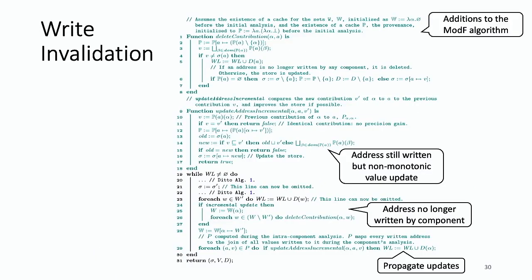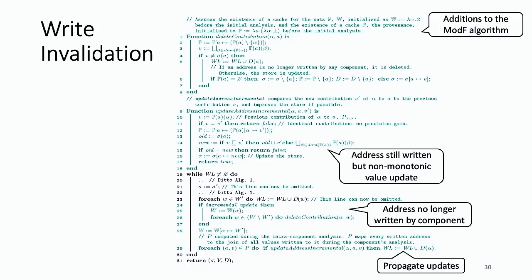Now, we distinguish two cases for write invalidation. When a component no longer writes to an address, we can use all provenance, join it together, and compute a new, more precise value. And in the other case, when the update happens and it's non-monotonic, we can use the provenance to also have a non-monotonic update.